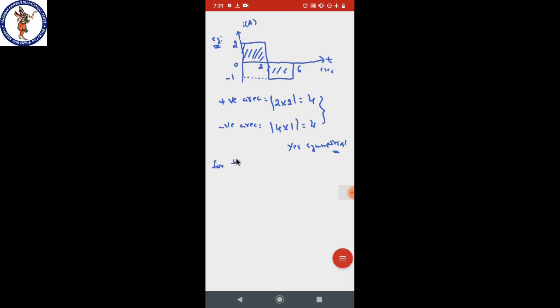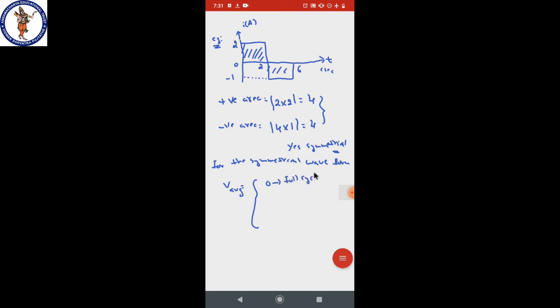For a symmetrical waveform, the average value V average equals 0 for the full cycle.